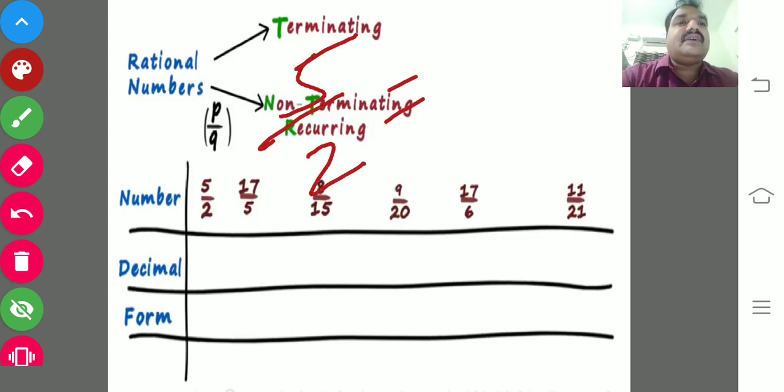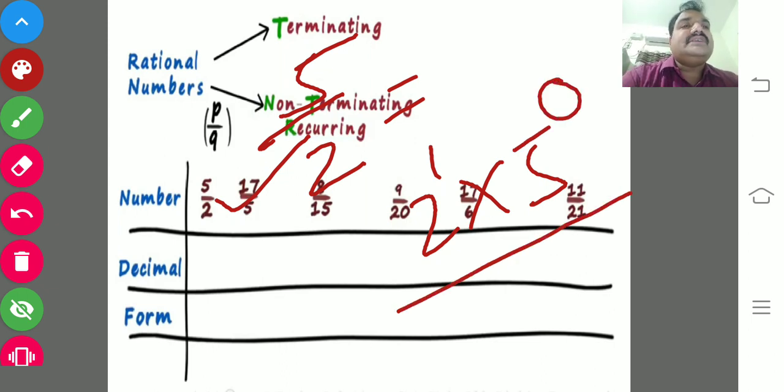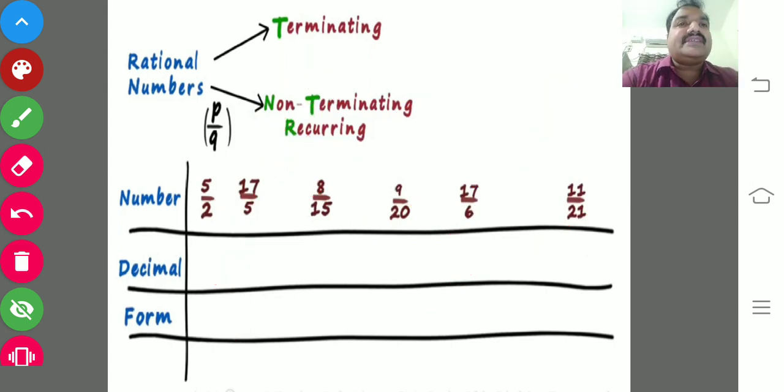Focus on the denominator 2. It is in the form of 2 power 1 into 5 power 0. Yes, it is in the 2 power m into 5 power n form. So obviously it's terminating. The first one is terminating. Now the second question, 17 by 5.